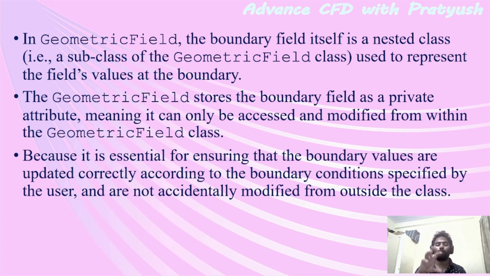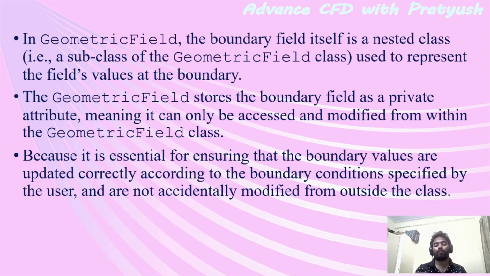Now why is it important? It is essential because you want to ensure that boundary values are updated correctly according to the boundary condition which has been specified in the zero folder, and they should not be changed accidentally.